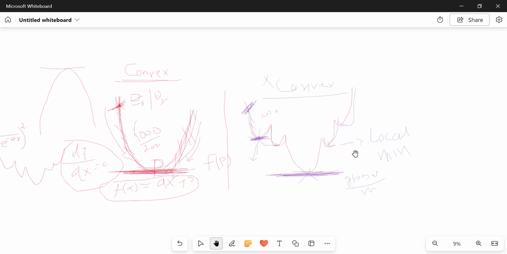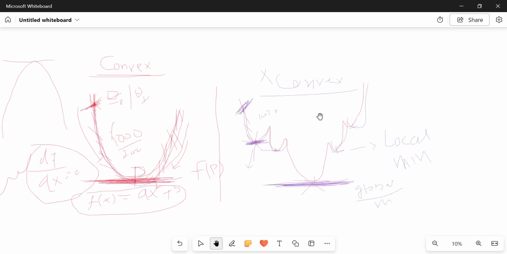If you apply MSE, mean square error, in the case of logistic regression, the graph of the cost function will be non-convex. So this is the concept. And if the graph is non-convex, then you cannot apply gradient descent to find the minimum value.